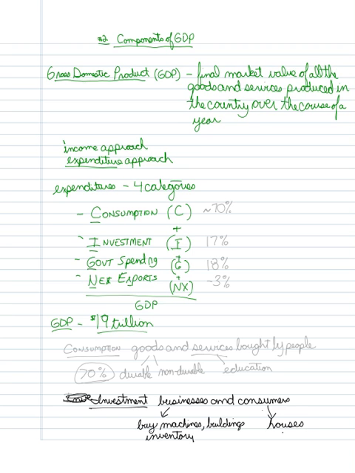And of that $19 trillion, close to 70% of it is coming from consumption goods. About 17% of it is coming from investment goods, approximately 18% of it is coming from government spending, and about negative 3% is coming from net exports. So we're going to obviously talk about how something could be negative, but it'll become a little clearer here.